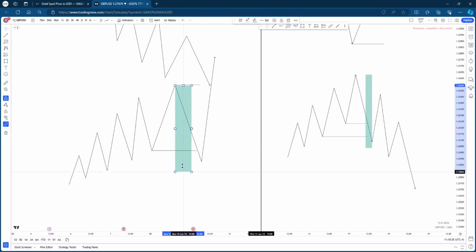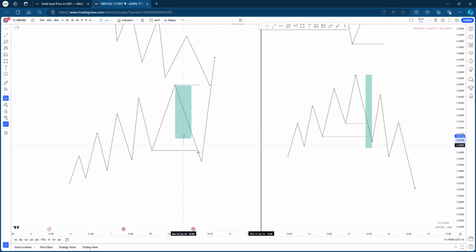If it closes below this particular structural point as a body, we know that the bias is going to shift from bullishness to bearishness. But because we also know that all of these higher lows that are created in a bullish market structure are also internal range liquidity, there's a possibility that price is going to take out those two structural points, use them as internal range liquidity and close above. So price is going to close above them like this, right?